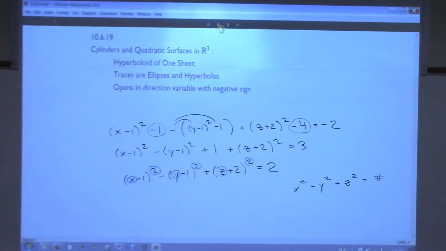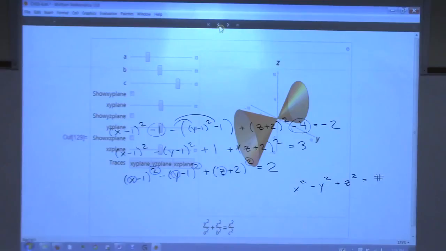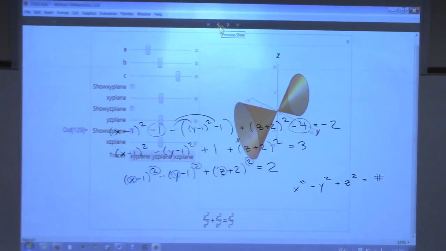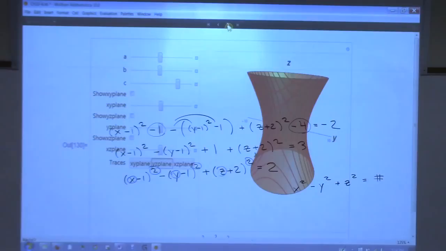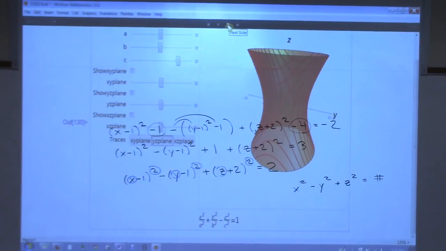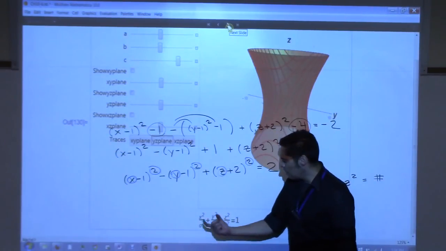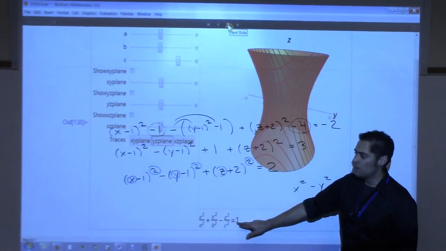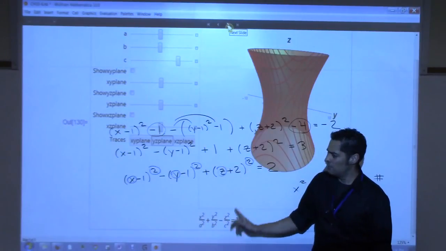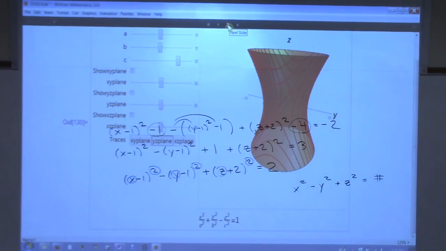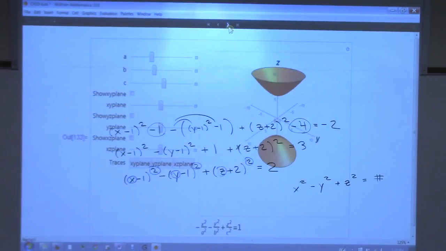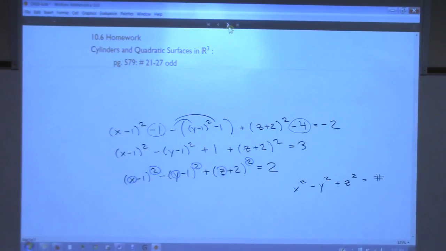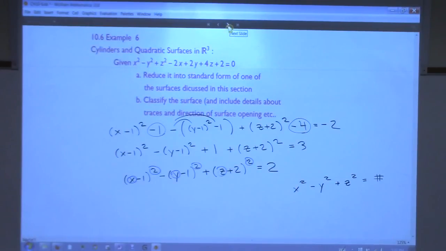Hyperboloid, there we go. There's the equation of a hyperboloid of 1 sheet. 2 of the variables squared, subtraction on the other, and a 1 on that side. I need to see if I can make that look like that. Divide everything by 2? Okay, I'm going to go back to the end of this. So here's where I was.